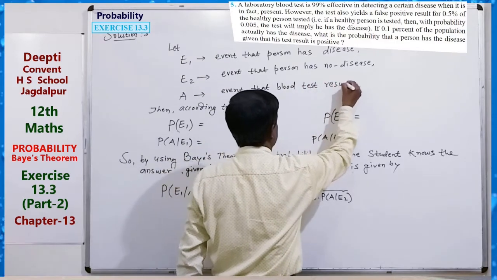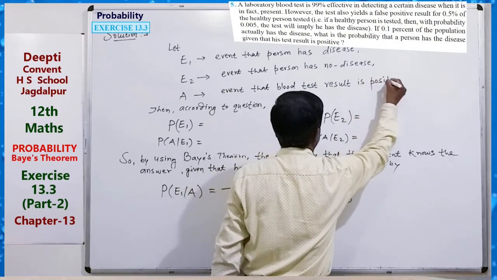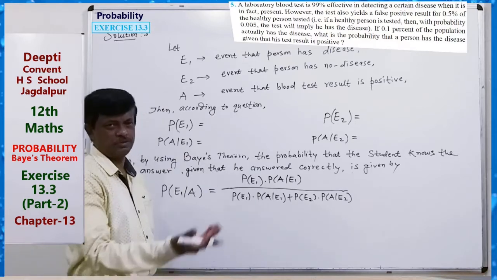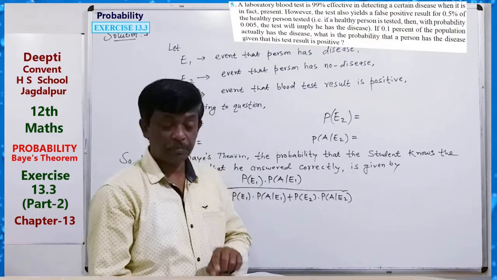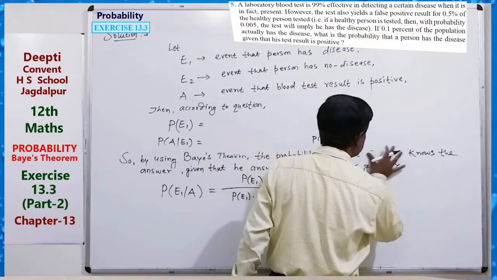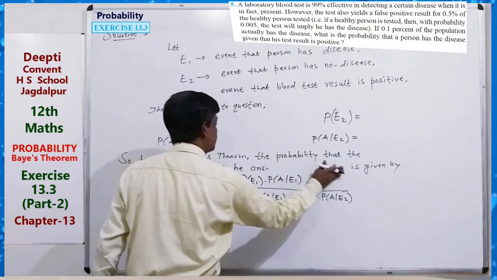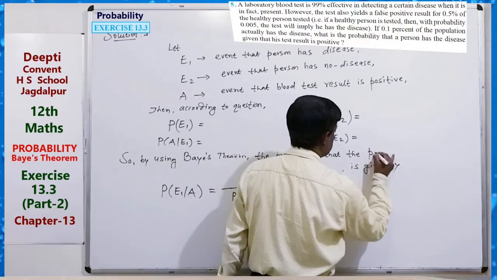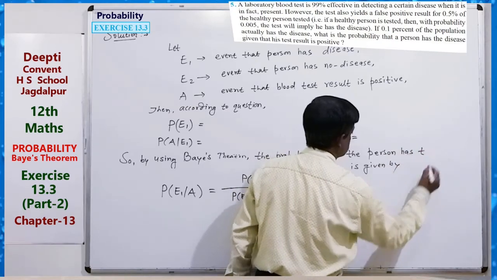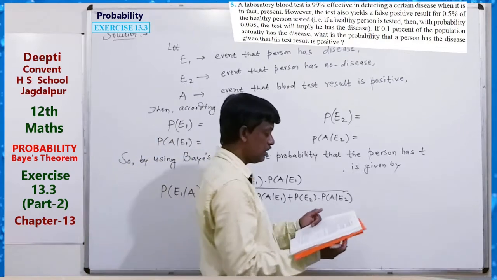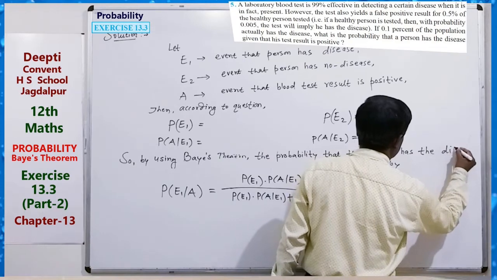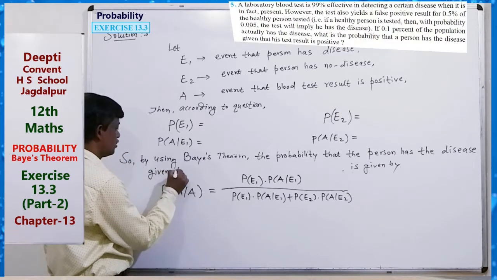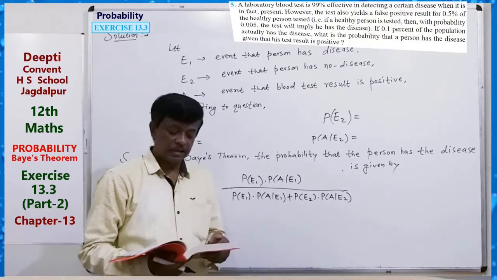Then according to the question, we have to find the probability that the person has the disease, given that the test result is positive.